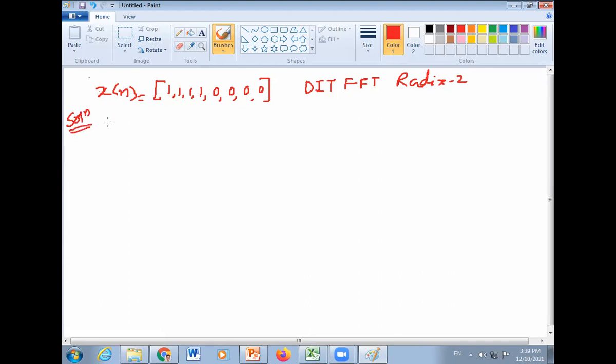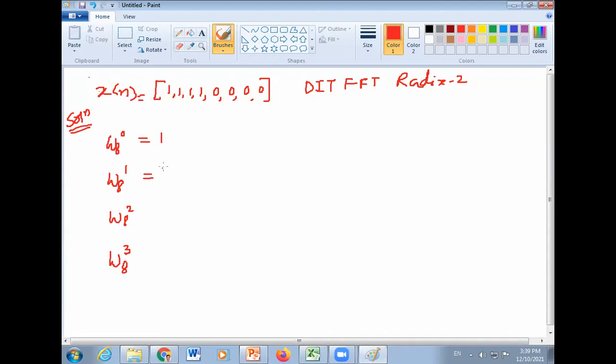Solution. If I want to calculate the 8-point value, I require the multipliers W8^0, W8^1, W8^2, W8^3. What is the value of W8^0? W8^1, what is the value?